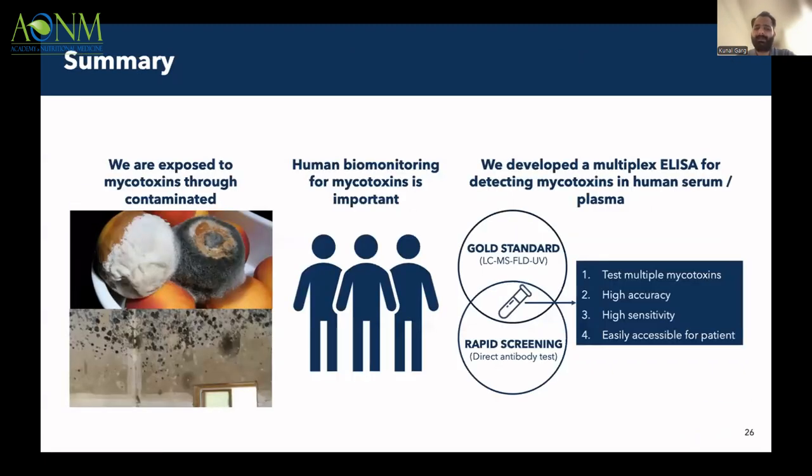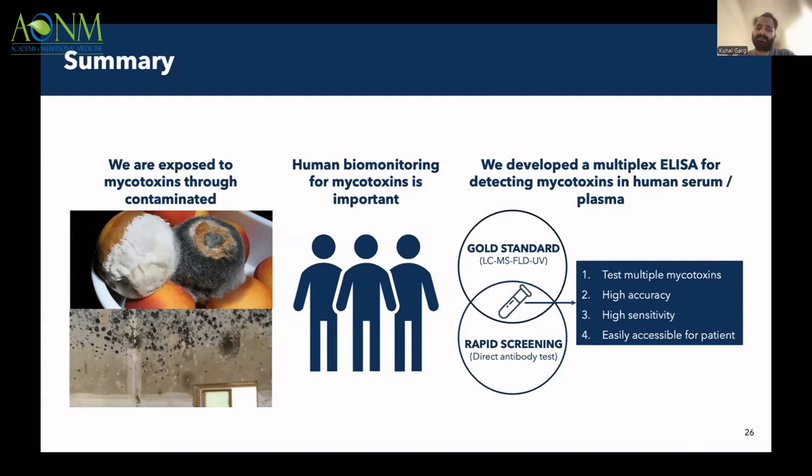So in summary, the modes of exposure to mycotoxins are high. We can get exposed through food or through the indoor environment. And if you remember, a particular food product or particular indoor condition can have multiple molds contaminating it, which essentially means that there are multiple mycotoxins. Therefore, human monitoring of mycotoxins is important. But again, recognizing and appreciating whether to use a urine sample or a serum plasma sample is important.